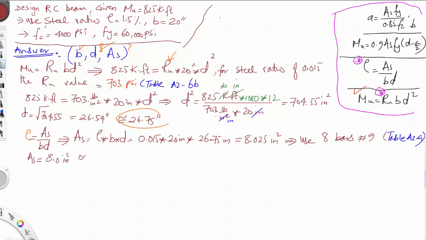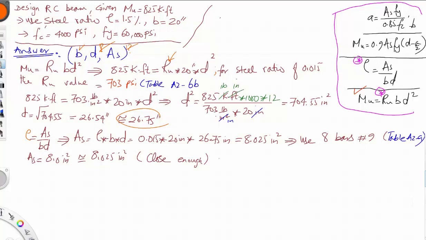It is close enough to the calculated one, which is 8.025 inch square. So I'll say this is close enough to use. Good. So I got now also the area of steel. So I say this is done.